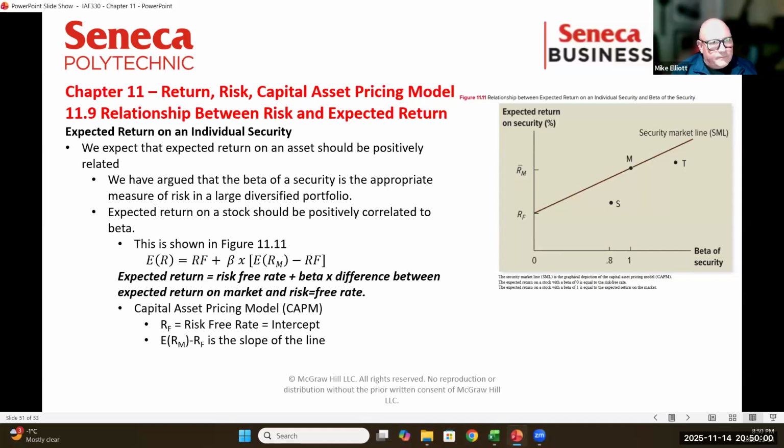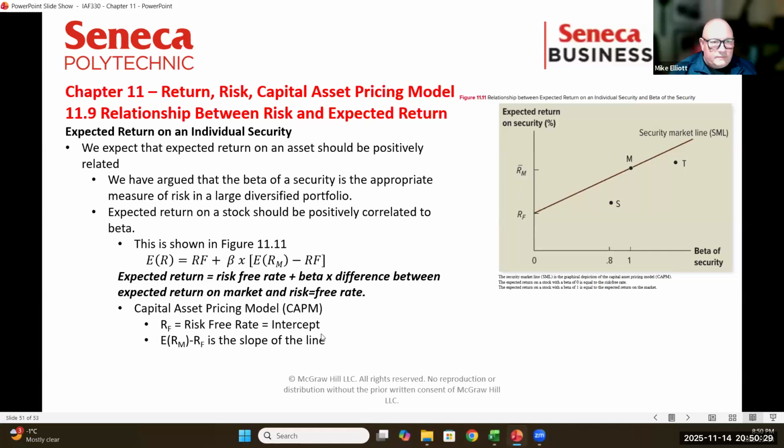And they are. The expected return is the risk-free rate plus the beta times the difference between the expected return on the market and the risk-free rate.